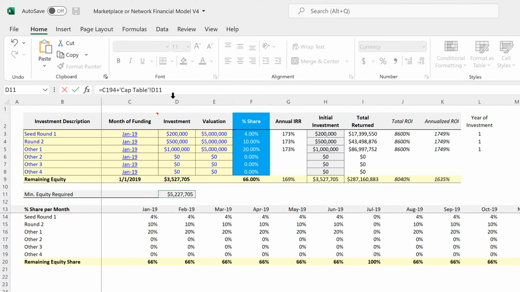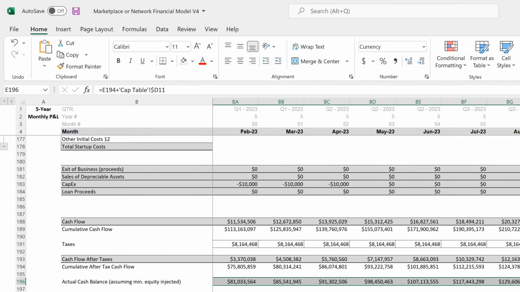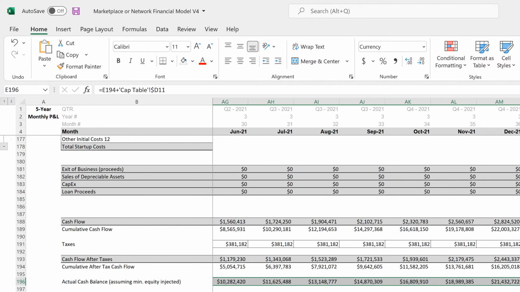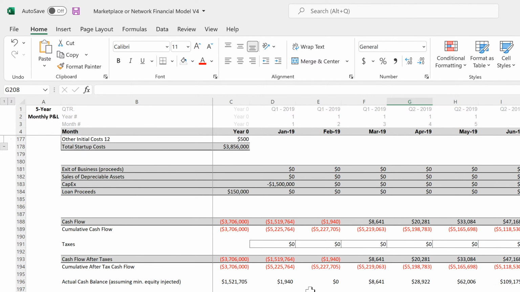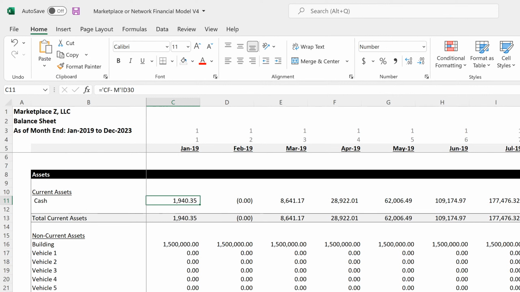Okay, so wait, that's the same. Now, let's go back over to the balance sheet. Okay, there we go. This is what I was looking for.